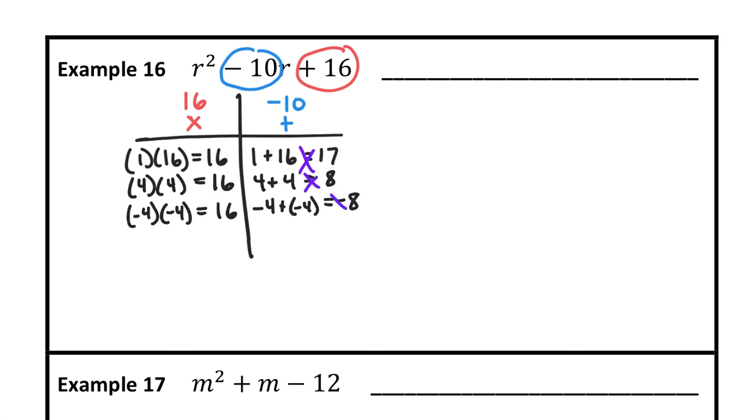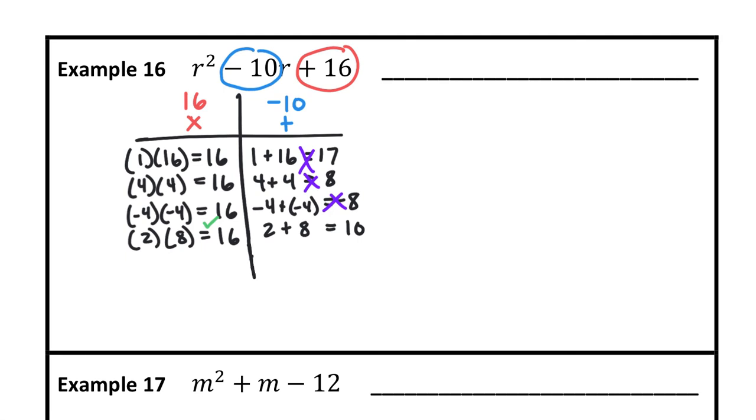Okay, so I can't get negative 10, right? But am I missing a multiplication here? Could I also multiply 2 times 8? Yeah, 2 times 8 is 16. And what's 2 plus 8? That's 10. But I want a negative 10.